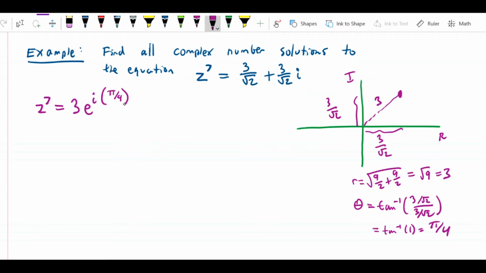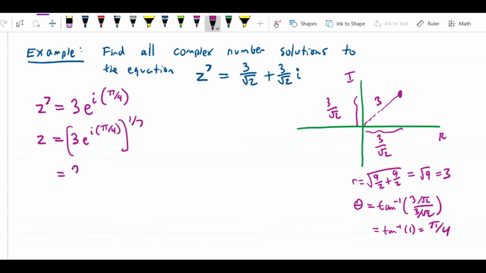So we can actually just find the first root using what we already know about finding seventh roots. In other words, I'm just going to raise both sides of this equation to the power 1/7, and that'll give me z equals 3e to the i pi over 4, to the 1/7 power. Well, look at that. That's going to do the exact same thing that we did by that bullet list instruction in the previous problem.